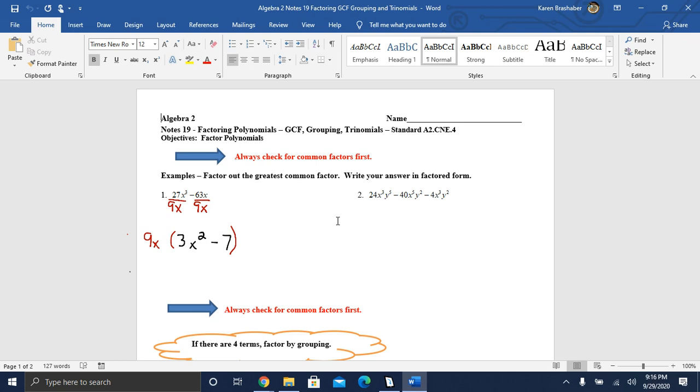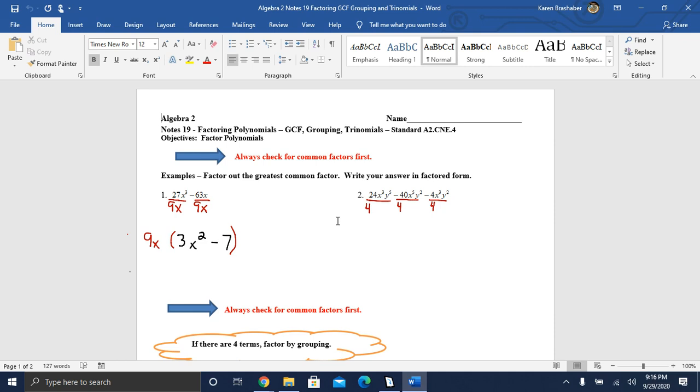We'll look at our second problem. Works the same if you have 3 terms. You just have to think what will divide evenly into all 3 terms. So always look at your smallest number. Check that out first. So will 4 divide into both 24 and 40? And yes, it will. So 4 is our number. Then for your variables, you want to choose a variable that would be in all of the factors.